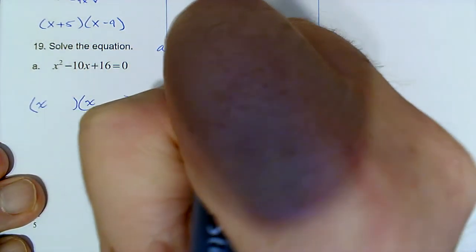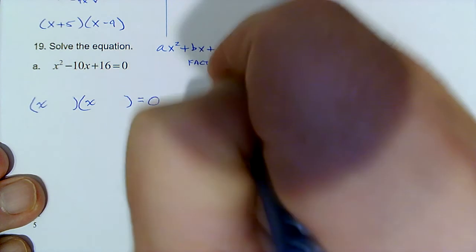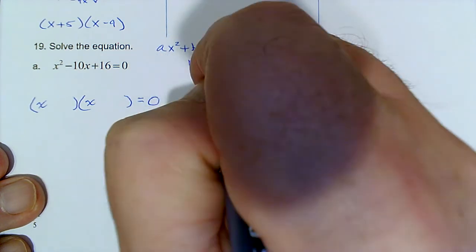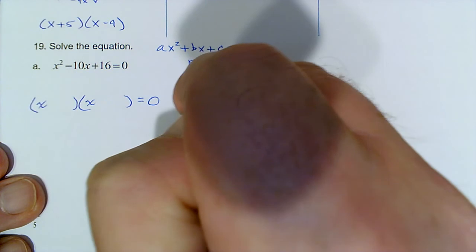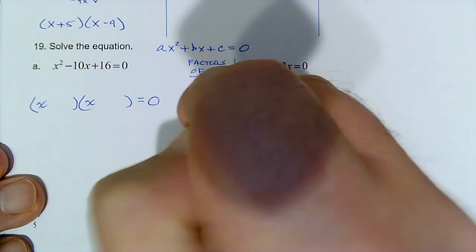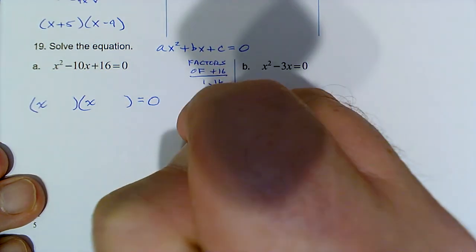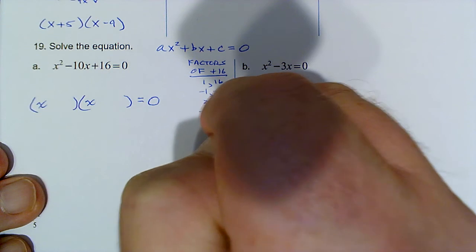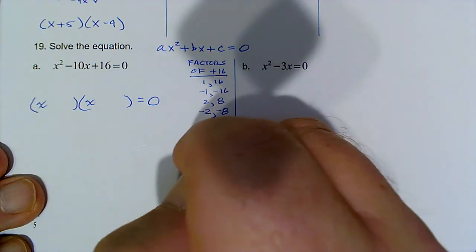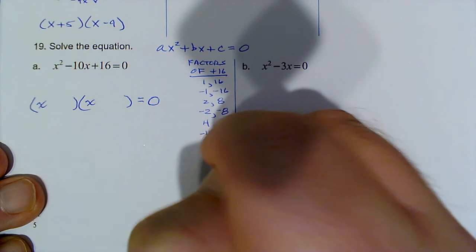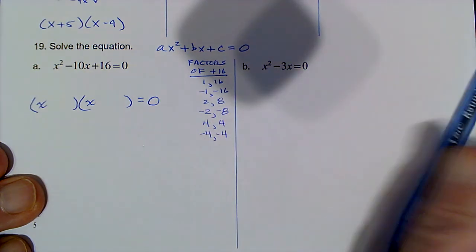Okay, if you want to use the factor method, that's great. We're looking for factors of positive 16. So 1 and 16, negative 1, negative 16, 2 and 8, negative 2, negative 8, and 4 and 4, negative 4, negative 4, and that would be it.